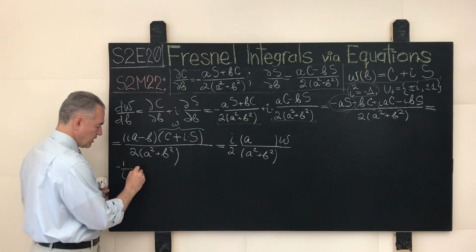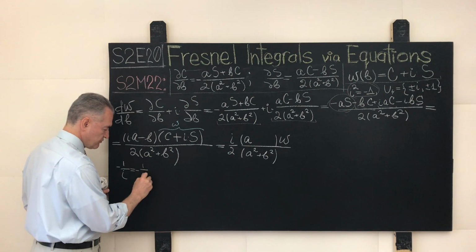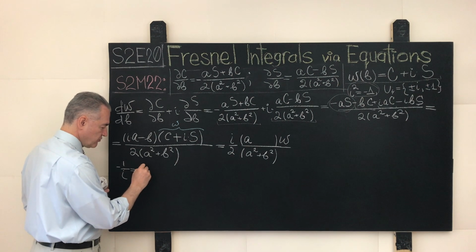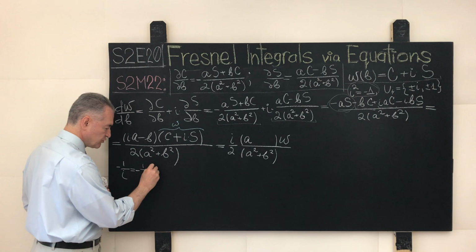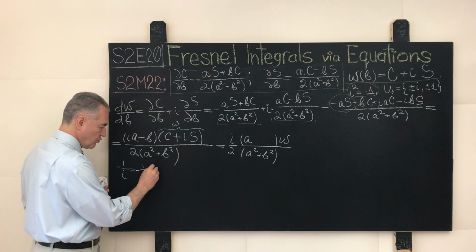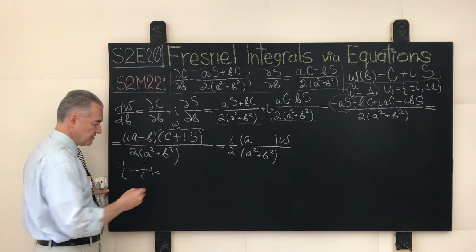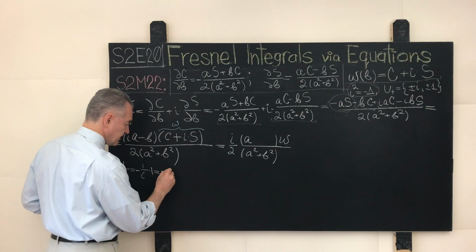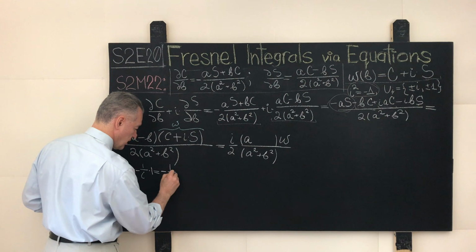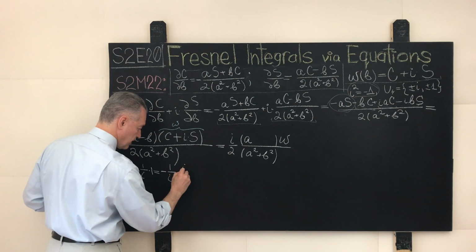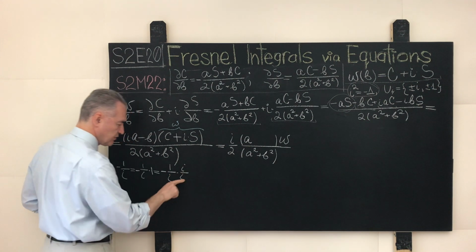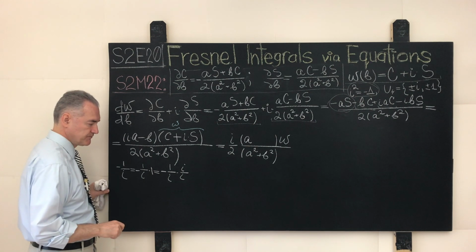This negative 1 over i can be rewritten as negative 1 over i times 1. The number 1 in this case plays the role of the multiplicative identity. This can be rewritten as negative 1 over i times i over i. This can be done because i is not 0.